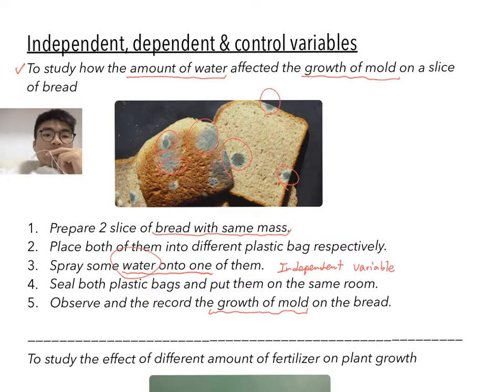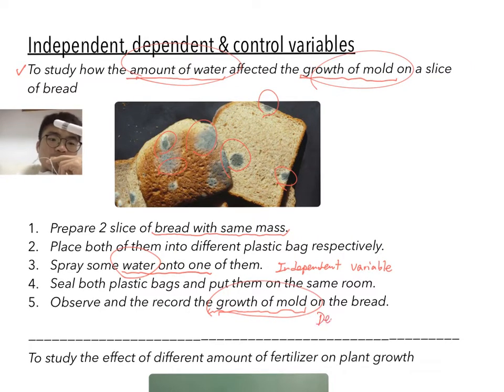And what do we measure? How can we study how the amount of water affects the growth of mold? By measuring the growth of the mold. This is the result, and this would be the dependent variable.